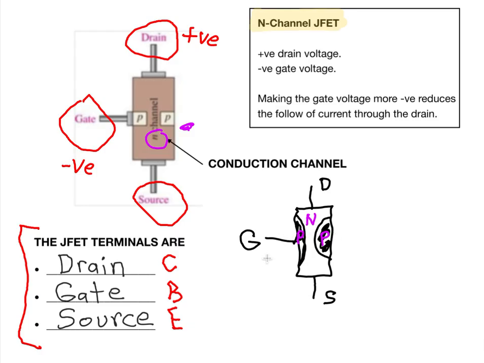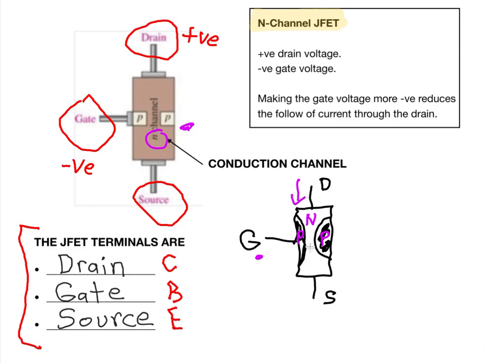So by controlling the voltage at the gate, we can either repel or push these two regions together to constrict the flow of current, and the main drain current is going to be down like that. Or we can open up this channel to allow more current.